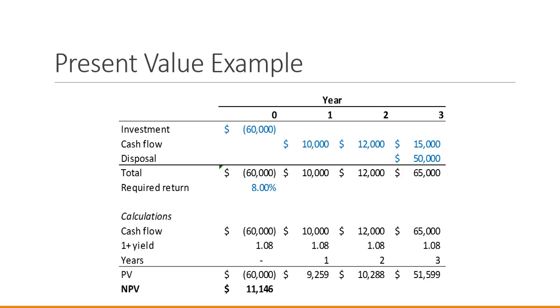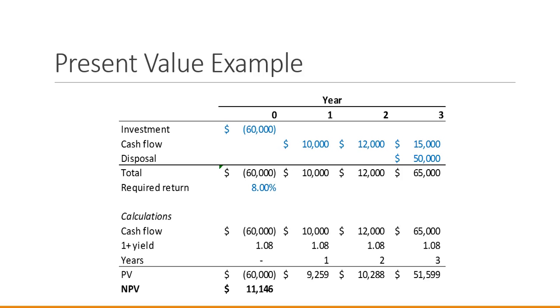And notice the years row, years 1, 2, 3, those are important numbers because those go into the calculation as a compounding factor. Looking back at the formula, you'll see that you're raising the 1 plus yield to the power of the number of years. That has a compounding component involved.